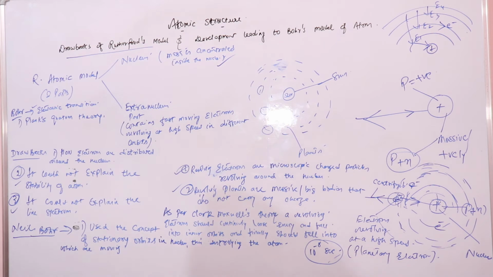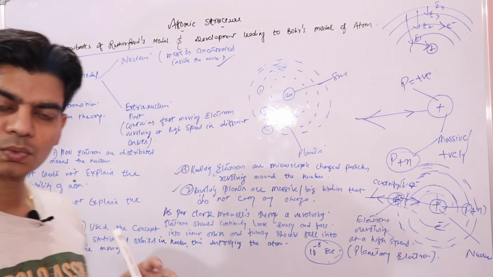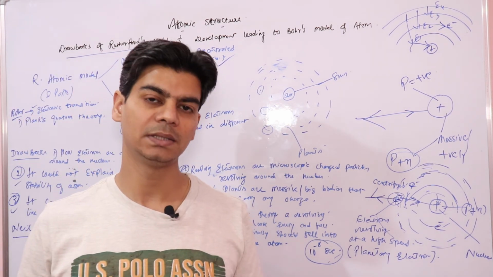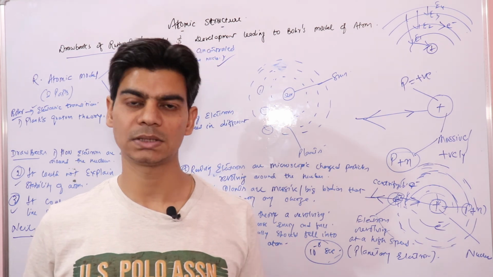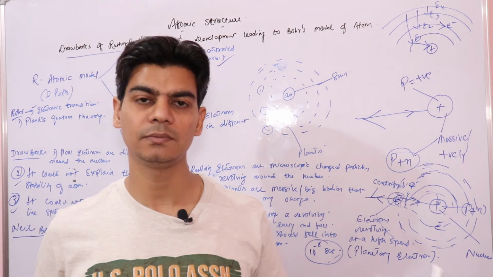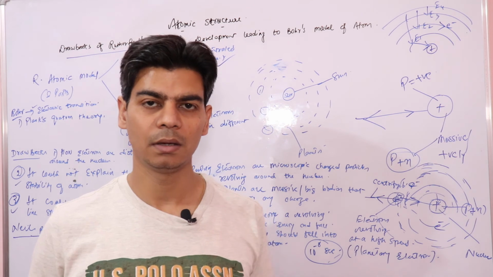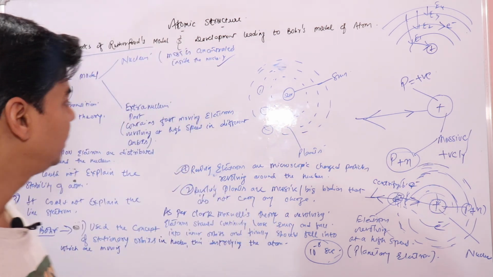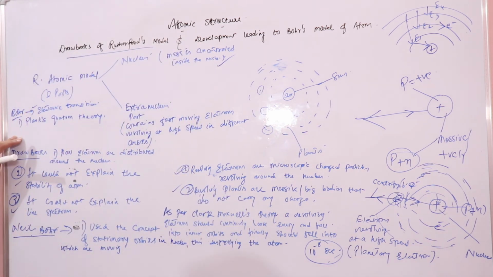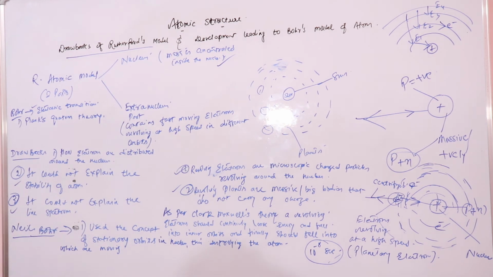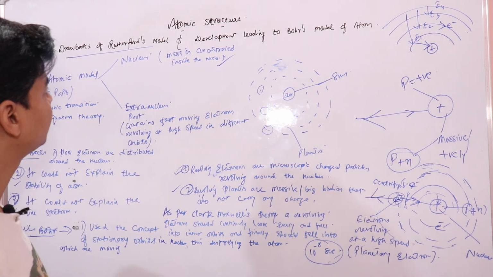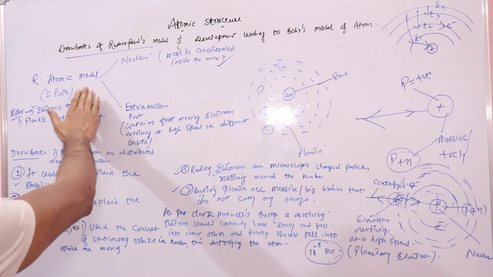We will explain this in detail in coming video lectures when we talk about Bohr's atomic model. So the important thing in this video lecture is the Rutherford atomic model.